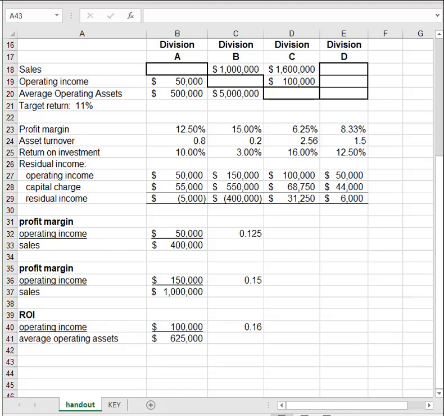And the last one has more missing pieces, so I have to solve them in the order that's possible. So I've given operating income because that was part of the calculation of residual income, so I can just harvest that. And now I can use some of my ratios here to now solve it.